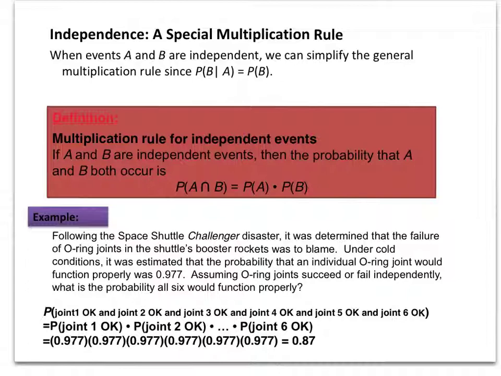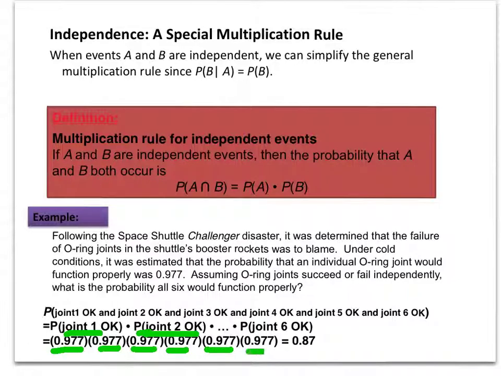Let's assume that O-ring joints succeed or fail independently. What's the probability that all 6 would function properly? Well, the probability of the first joint being okay is 0.977. The probability of the second joint being okay is also 0.977, and so on all the way out to the 6th one.